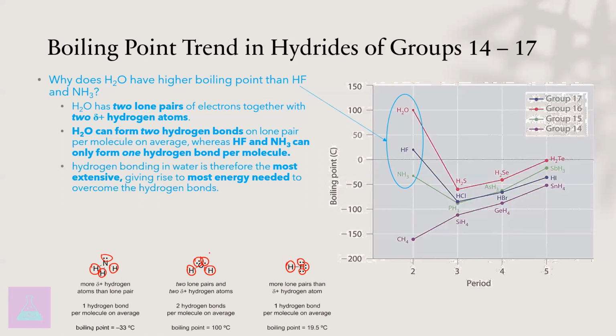So therefore, water will have the highest boiling point among them, which is 100 degrees Celsius. Okay. But we still have to explain the difference between hydrogen fluoride and ammonia, right?